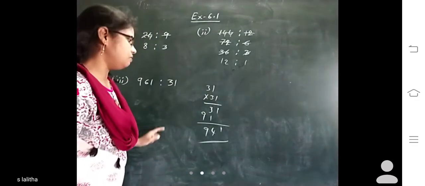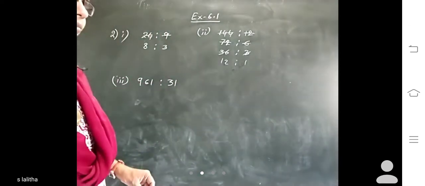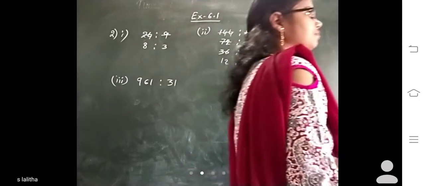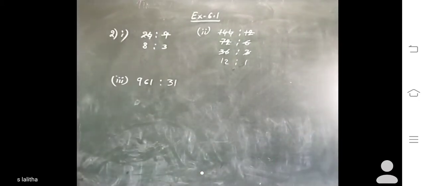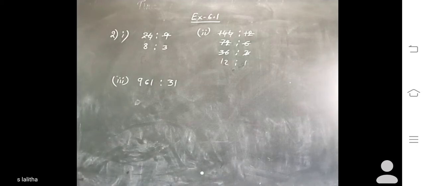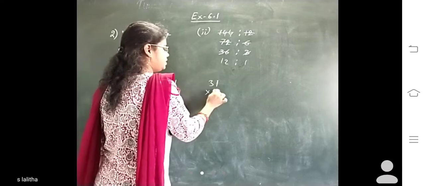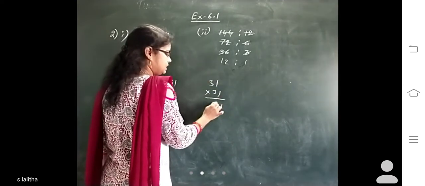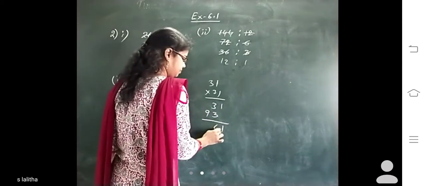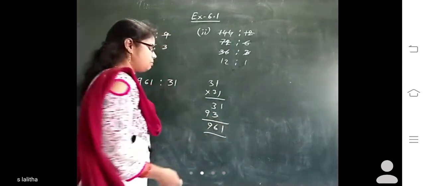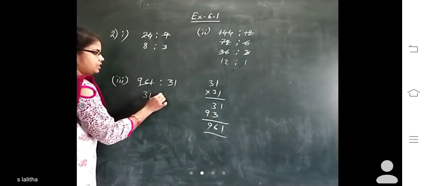That's why you have to give it like that only. 31 into 31, 1 ones 1, 1 3 is 3, 3 ones 3, 3 3 is 9. So 31 into 31 how much? 961. So 31 table. 31 is to 1.